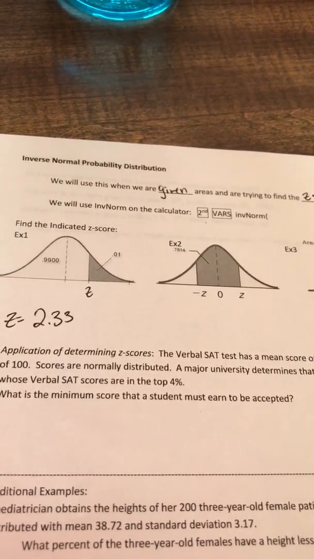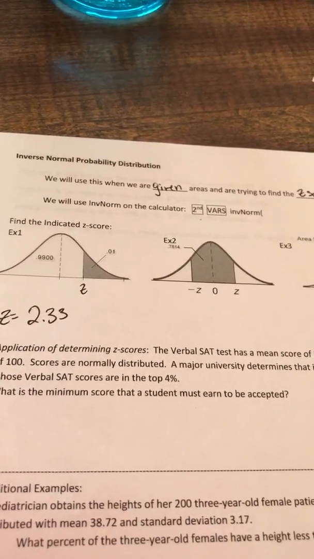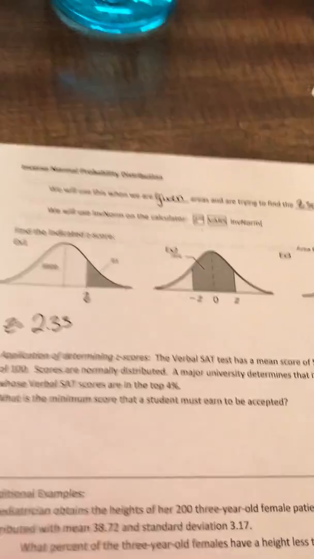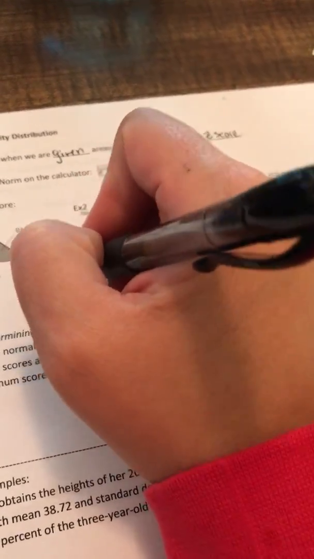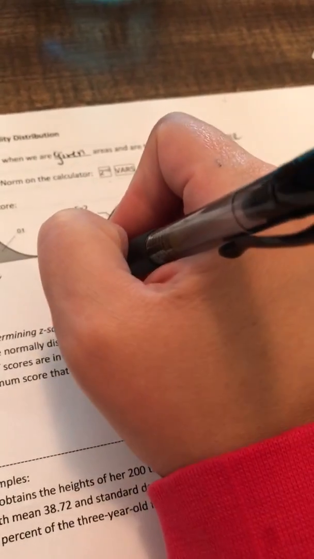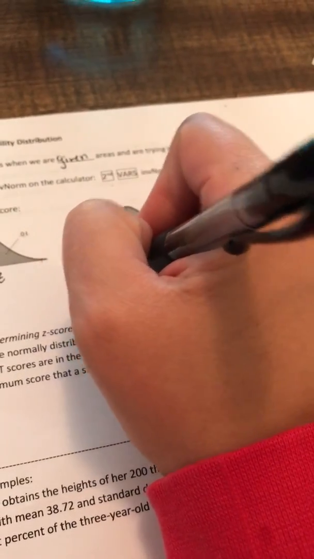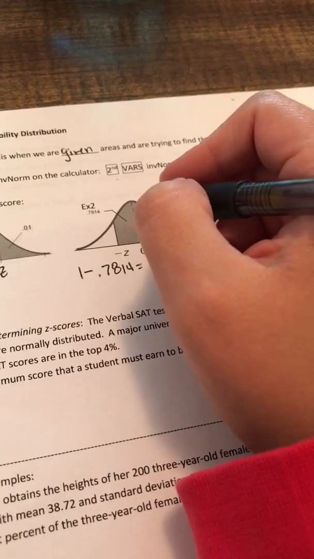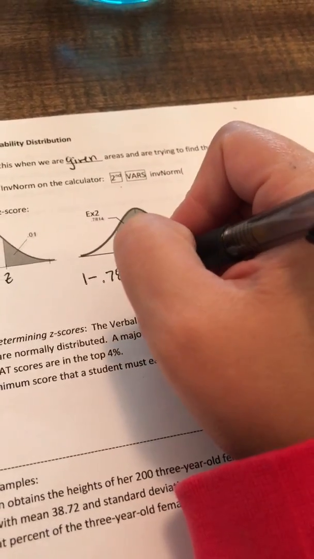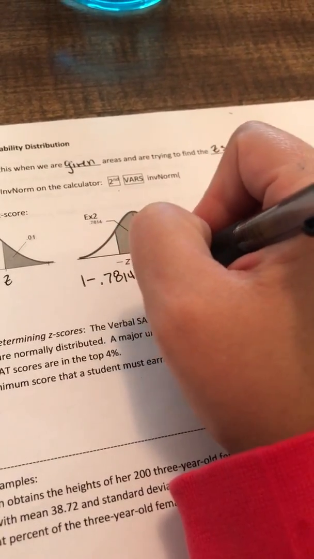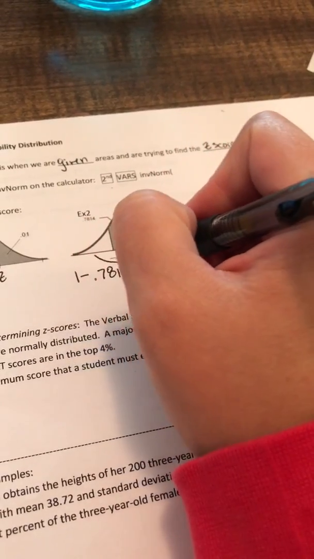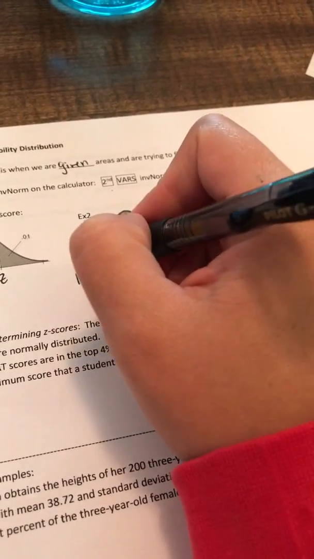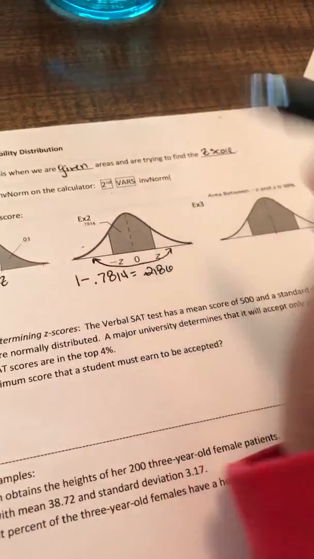there are some examples, or pictures, that explain this too. What you want to do is take 1 minus whatever the area is given to you in the middle, 0.7814, which is equal to 0.2186. That area is in the two tails combined because the area under the whole thing has to be 1.